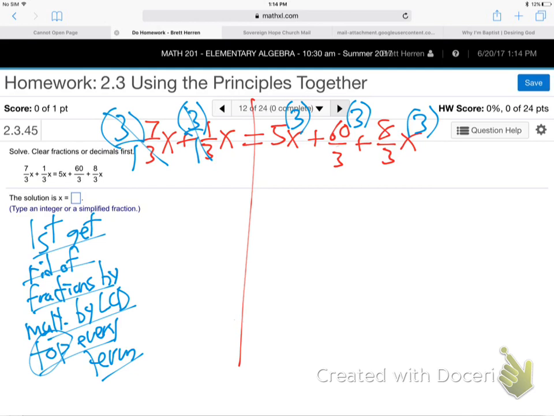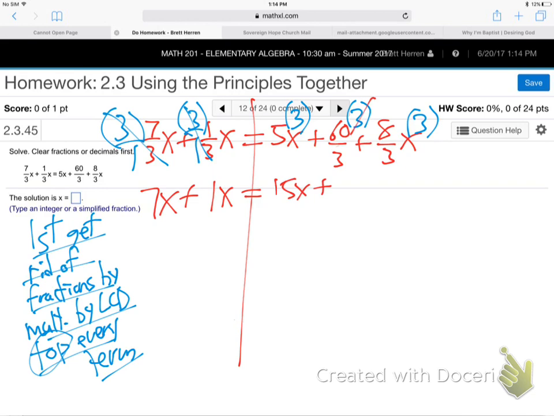So what do we got? 7x plus 1x. That good so far? See how the 3's are gone? They've canceled. No more fractions. What happens right here? 15x. 3 times 5, right?